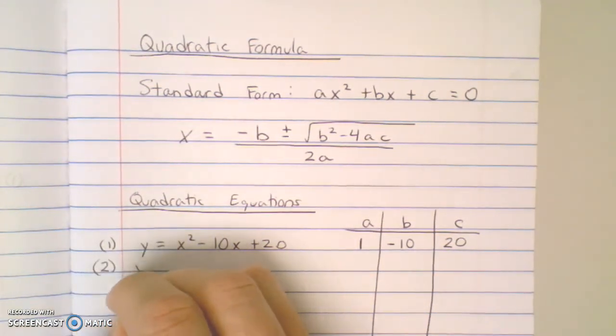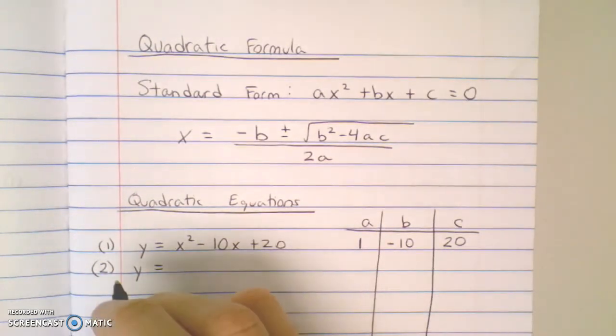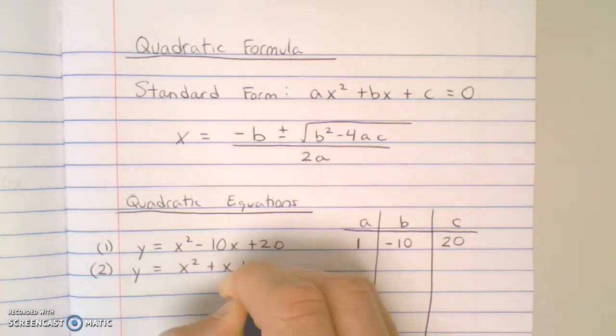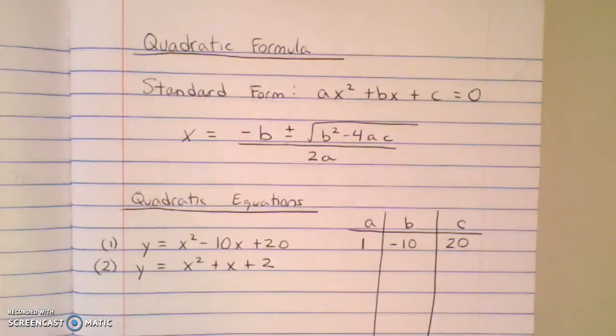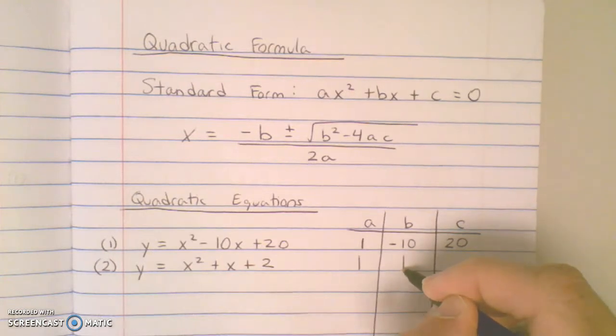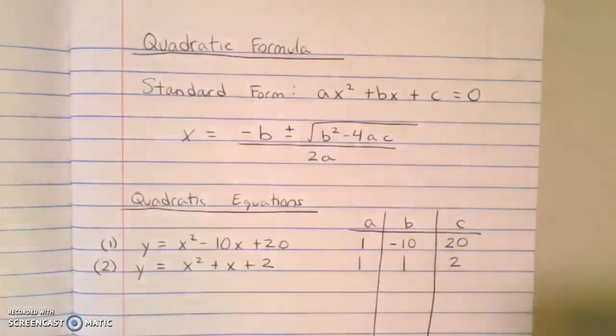Here's another example. So in this problem, a is 1, b is also 1, and c is 2. It's really important you understand how to identify the terms and the values of these coefficients because that's going to determine the answers to your problems.